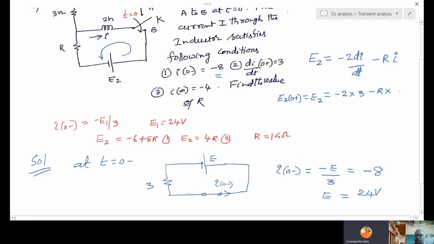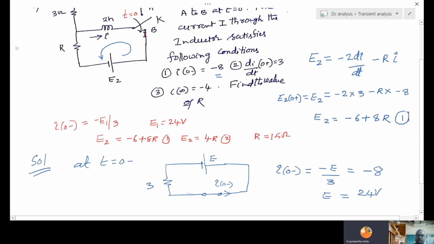So this is also minus 4 A. So from this, E2 equal to minus 6 plus 8R. This is one equation. What is the other data given?